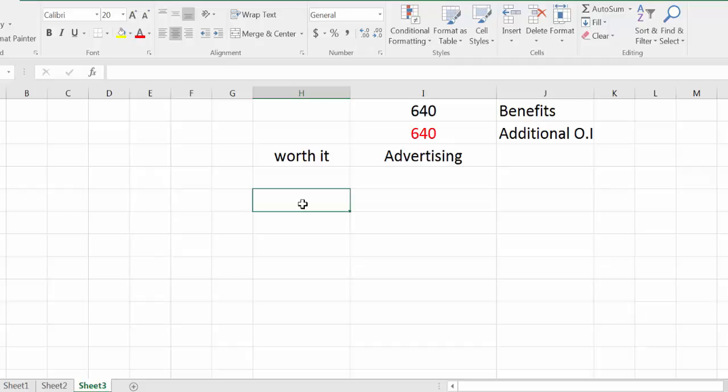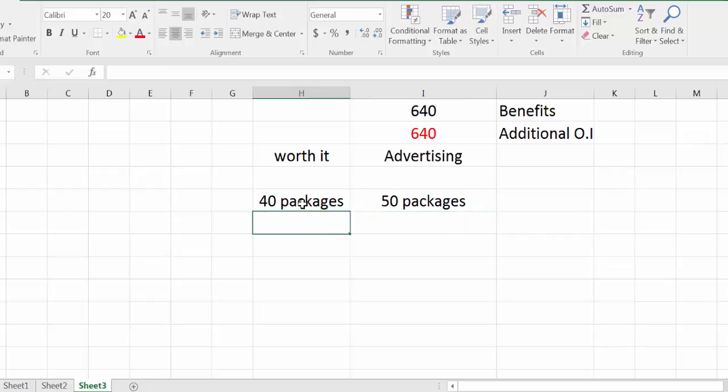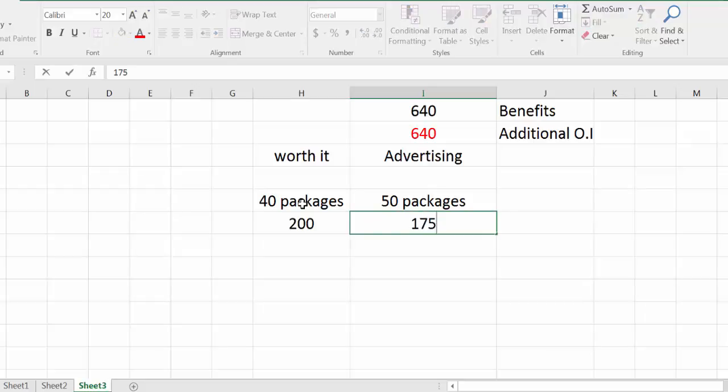So 40 packages and 50 packages. She can sell 40 packages at $200, and she can sell 50 packages at $175.